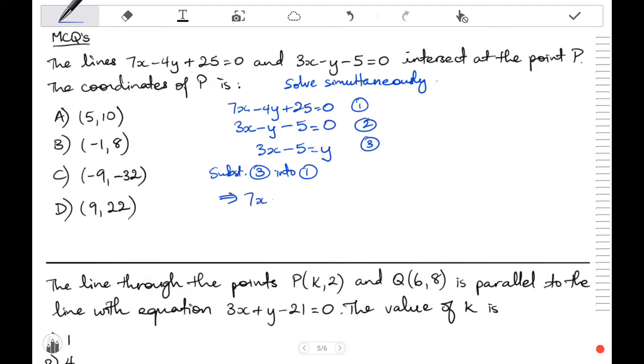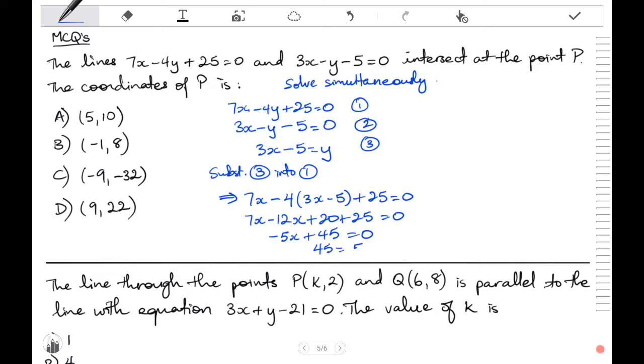So I get 7x minus 4 times (3x minus 5) plus 25 equals 0. So let's expand. 7x minus 12x plus 20 plus 25 equals 0. 7 minus 5x plus 45 equals 0. So carry that across. You have 45 equals 5x, which means that the value of x is equal to 9.